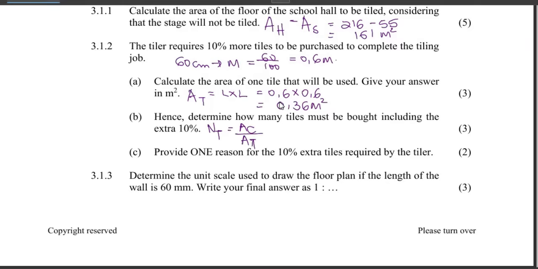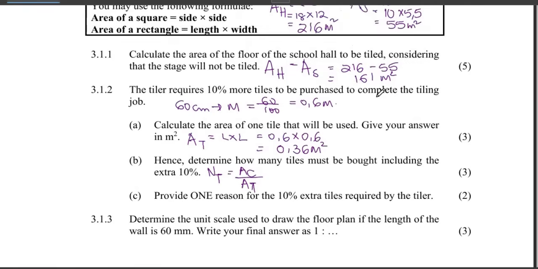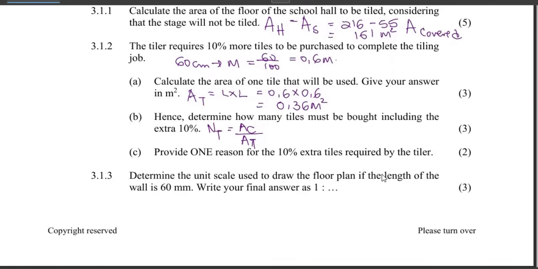You understand? The area to be covered, which is the area to be tiled, divided by the area of only one tile. So simply we have our area as 161 meters squared divided by 0.36. How many tiles are there?